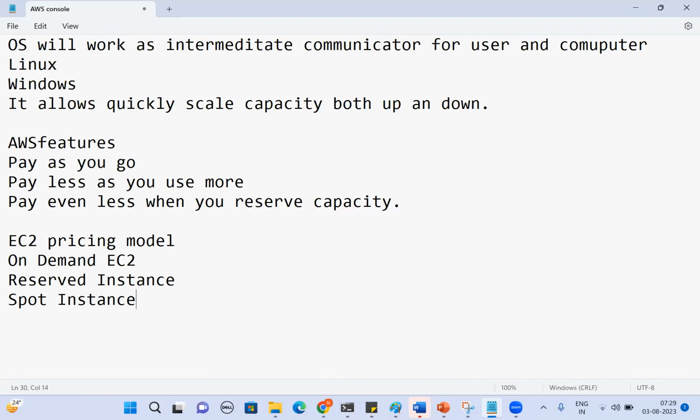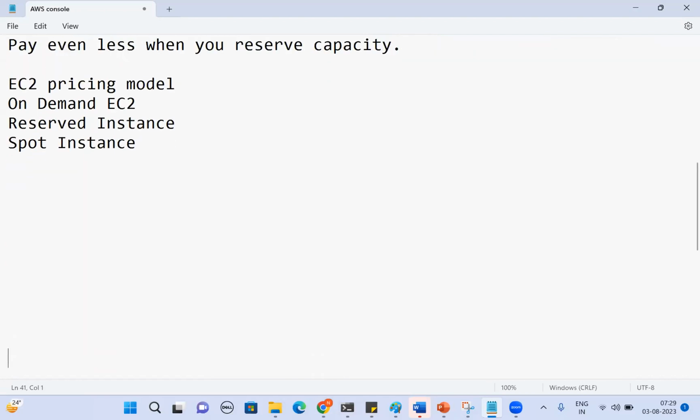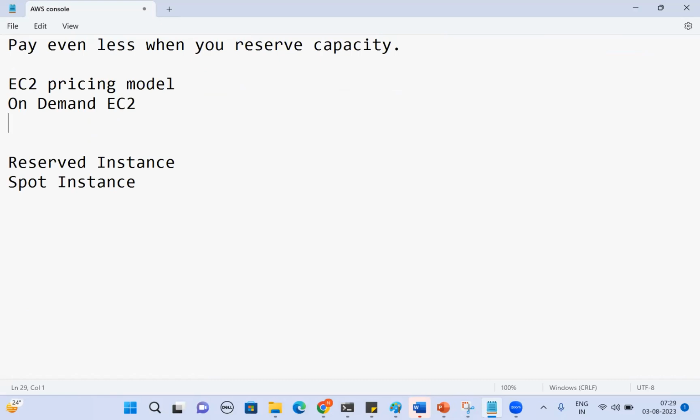These are the three types of EC2 pricing models. We will discuss one by one what the on-demand EC2 does, what the reserve instance does, and what the spot instance does. So let's go to the first one, the on-demand EC2 instance.